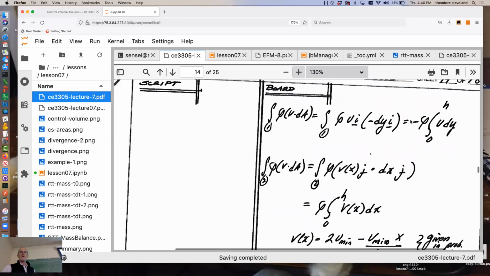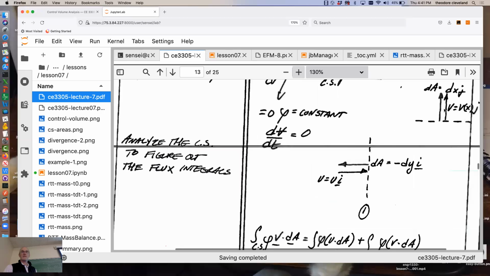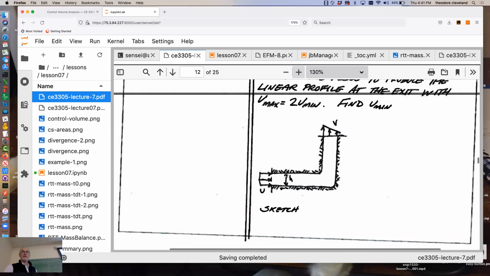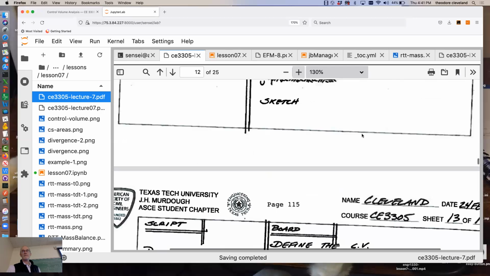At section 1, we have rho u in the I direction times minus dy I. We want to integrate that from 0 to h. So we're integrating a distance 0 to h, and we'll do the same up here.